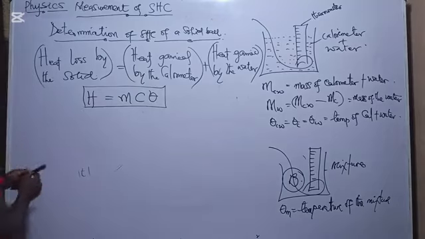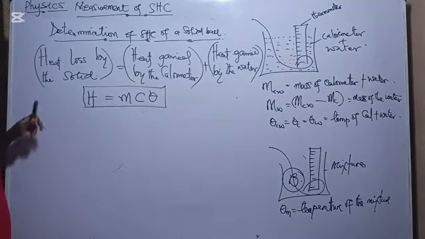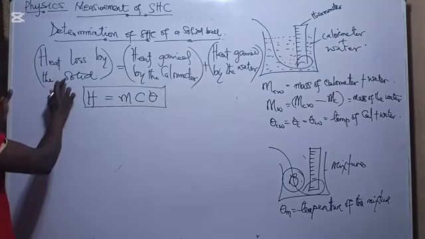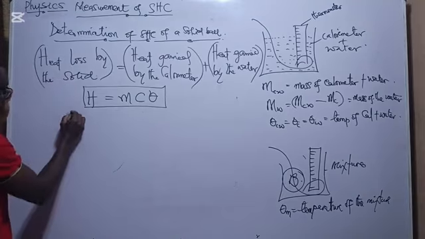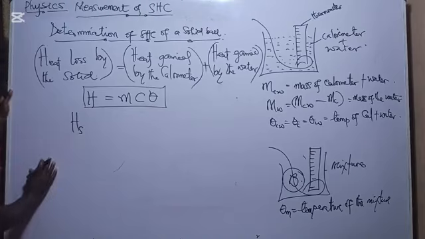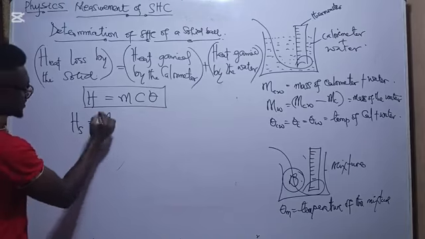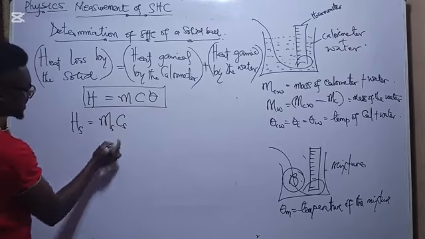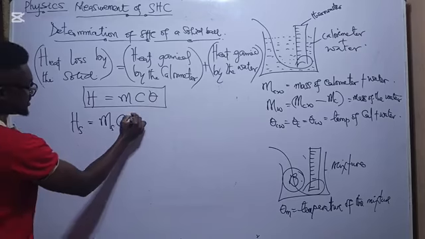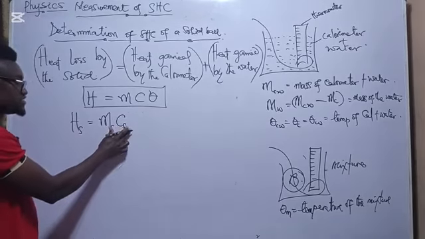So in that case, the heat lost by the solid is equal to the mass of the solid, times the specific heat capacity of the solid, times the temperature change of the solid.